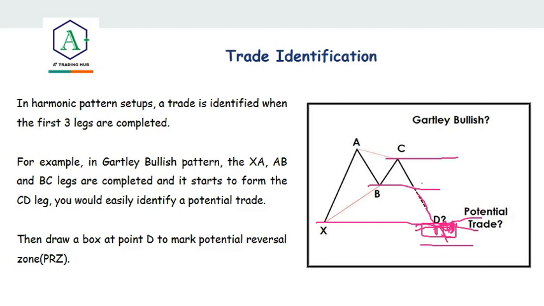So anytime you spot a harmonic pattern, always plot your potential reversal zone. Just use the rectangle tool and plot the potential reversal zone on the chart. You can draw a horizontal line there on the chart and set an alert. So anytime price reaches there, you are being notified, and you come to the chart and see when you check out for the price actions.